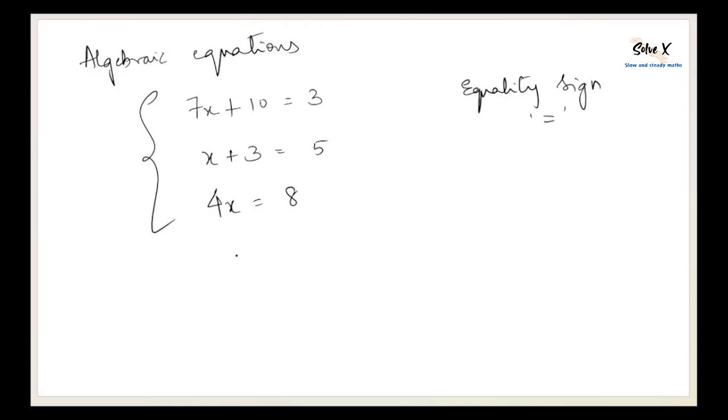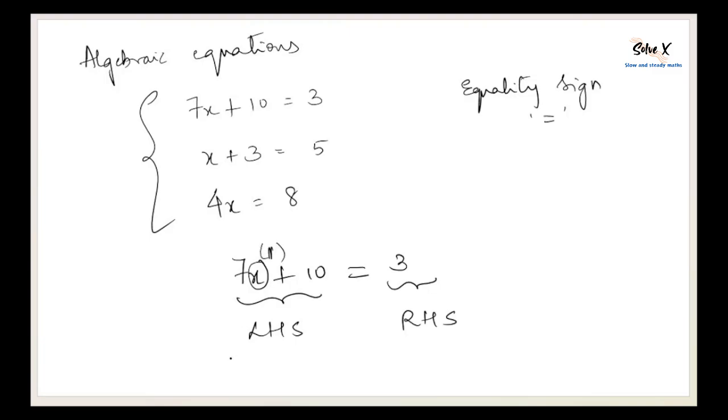So in this example, 7x plus 10 is equal to 3. There is a left hand side, there is a right hand side, and they both are equal to each other. Okay, so here the variable is x and the highest power of the variable is 1.